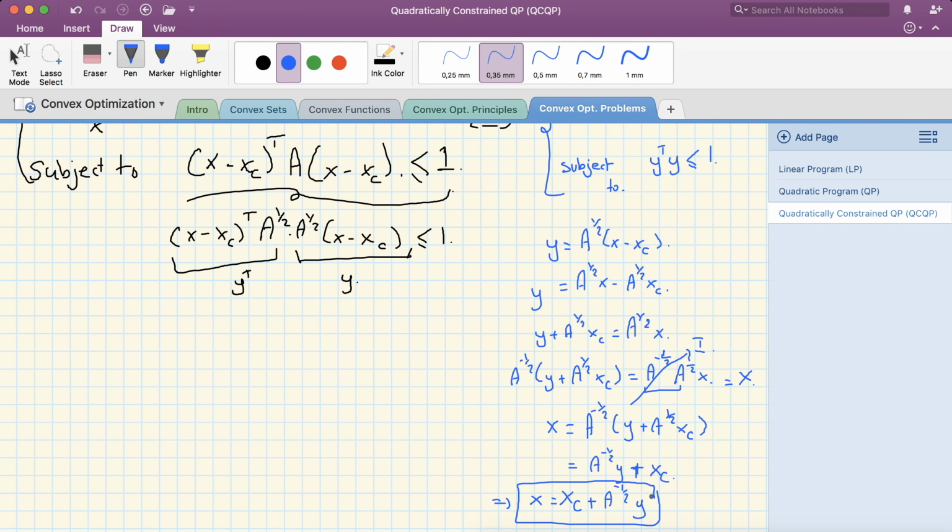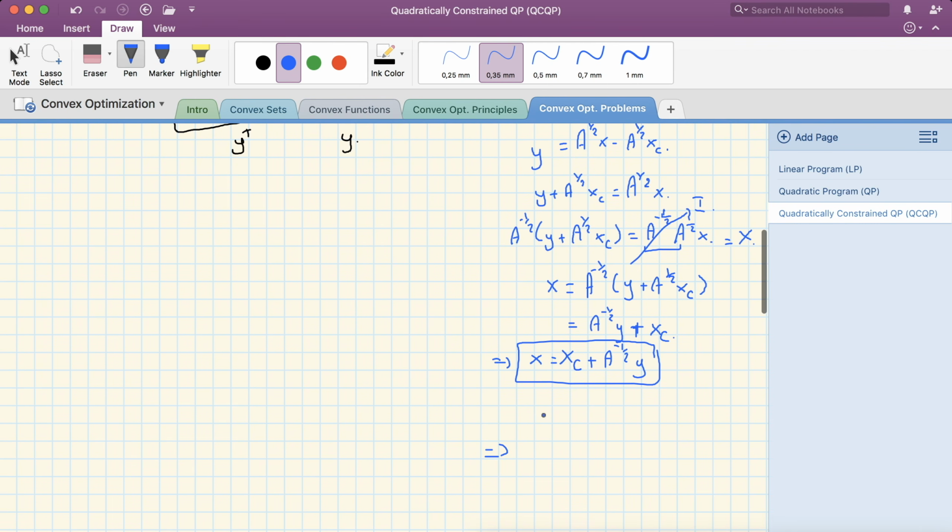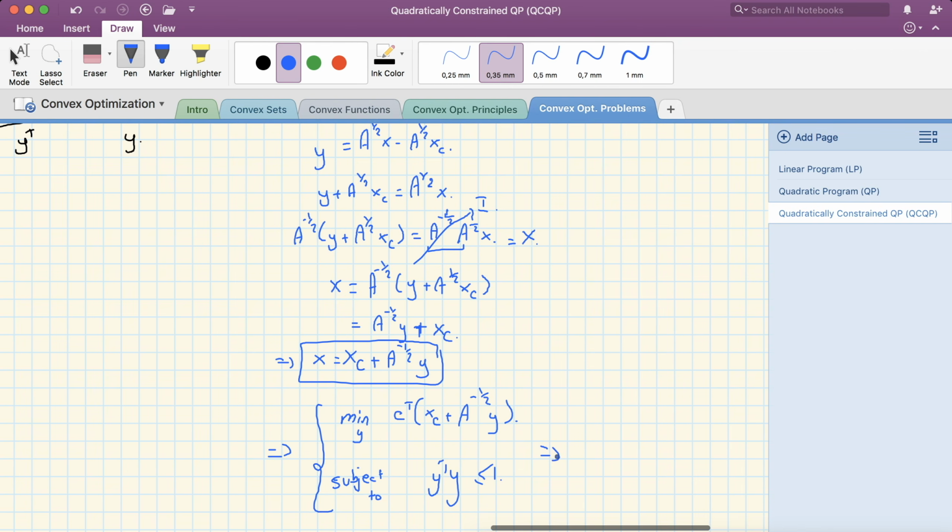Replacing this in the cost so that we get a problem in y, you get c transpose times x, which is this guy, c plus A minus half y, subject to the same constraint, y transpose y is less than 1. Note that this cost function right here, we could expand it as such, so c transpose c plus c transpose A minus half y, subject to y transpose y is less than 1.